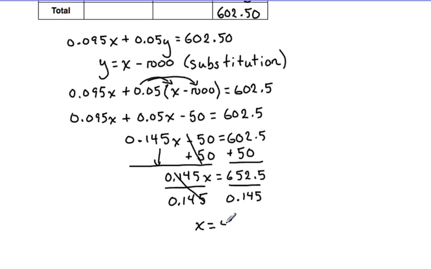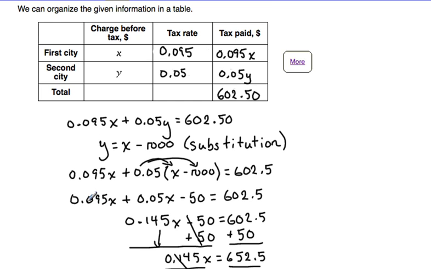So what this means is in the first city, the hotel charge was $4,500.